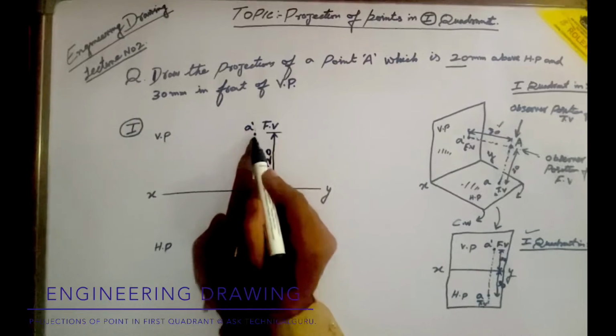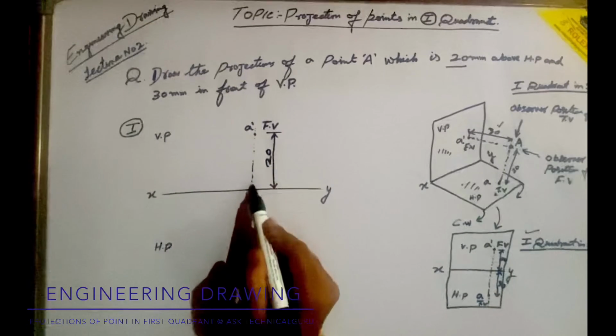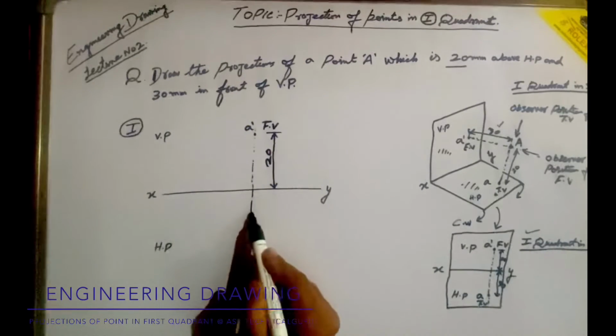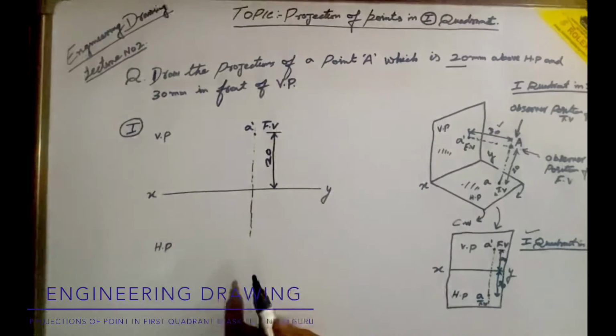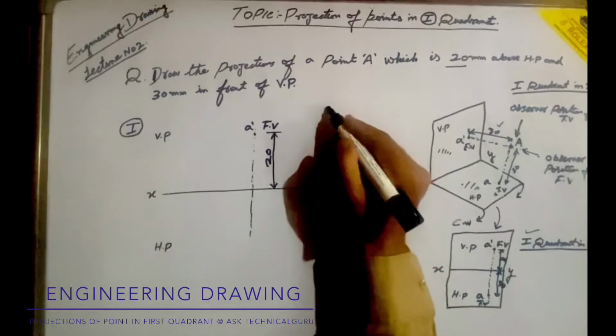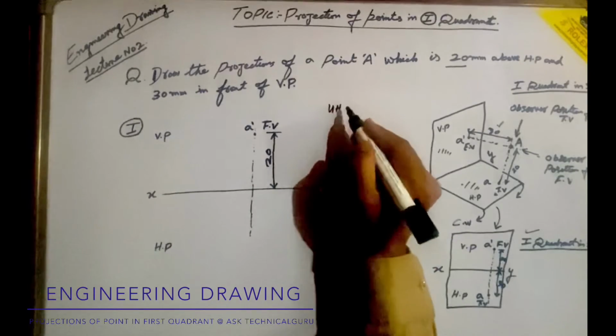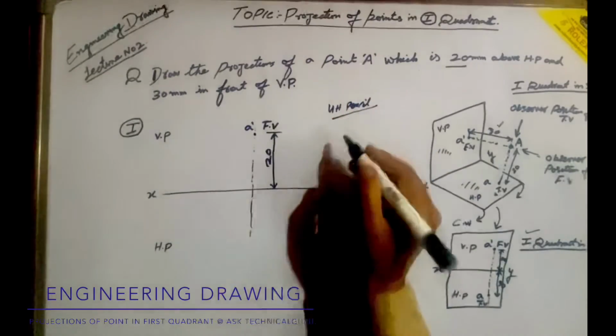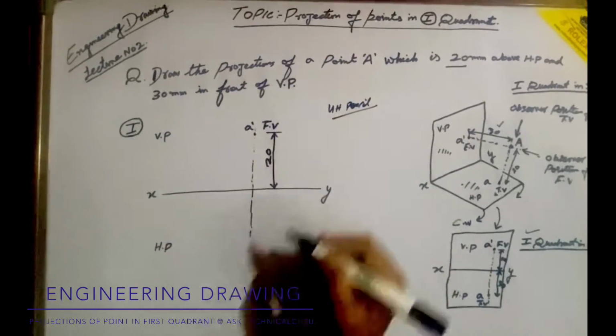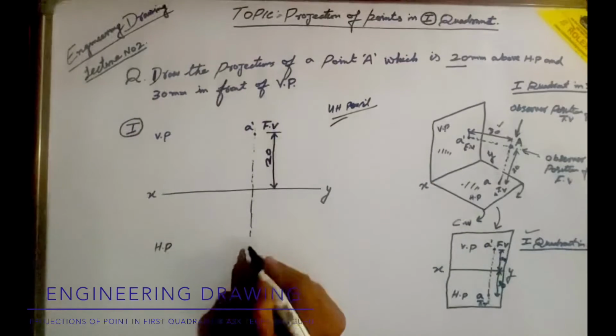Then we have to draw a very thin line, not a dotted line. I have only one marker, so I am making a sort of dotted line. It is a very thin line drawn by a 4H pencil, which has hardness, and the line drawn by this pencil is very thin, okay.